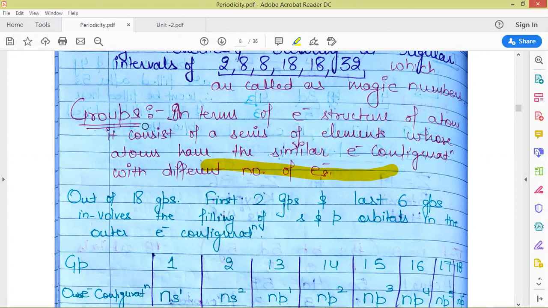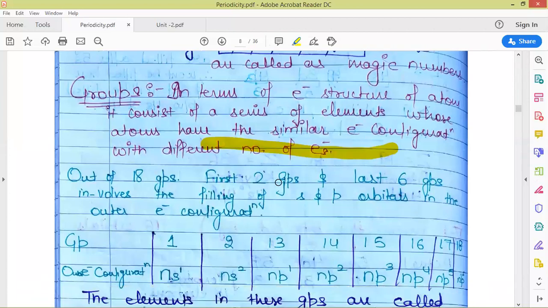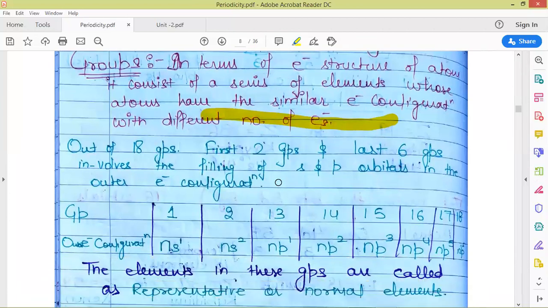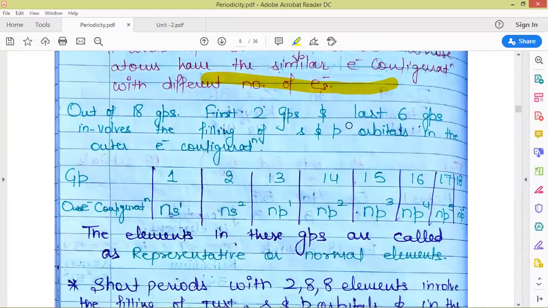That means they have the same number of electrons in the given subshell with different total numbers of electrons in the elements. Out of 18 groups, the first two groups and the last 6 groups involve the filling of s and p orbitals. The 18 groups have been numbered 1 to 18. So the first two groups are 1 and 2.